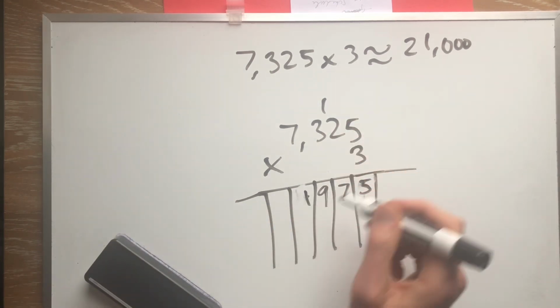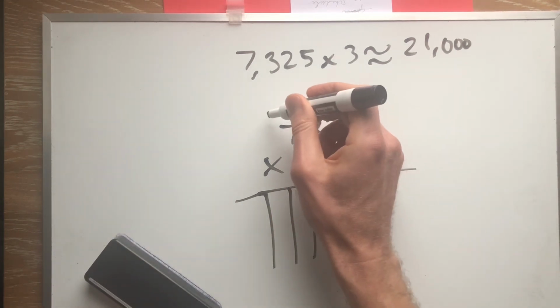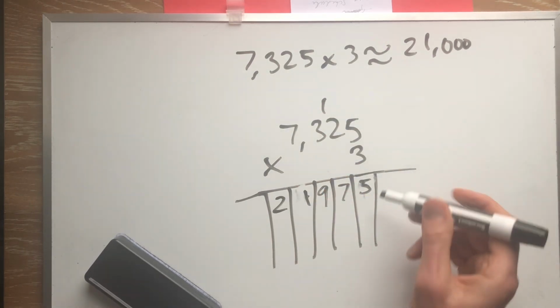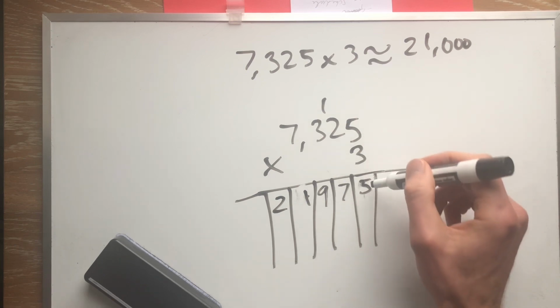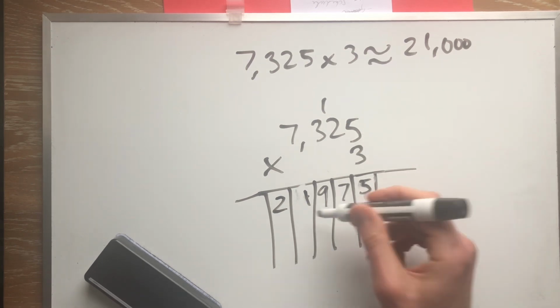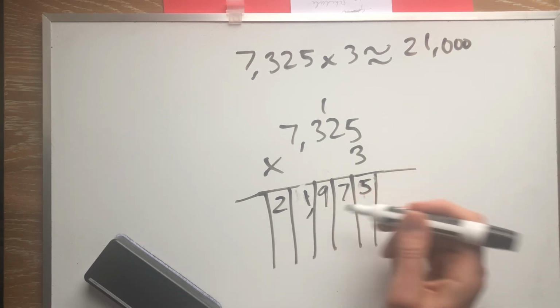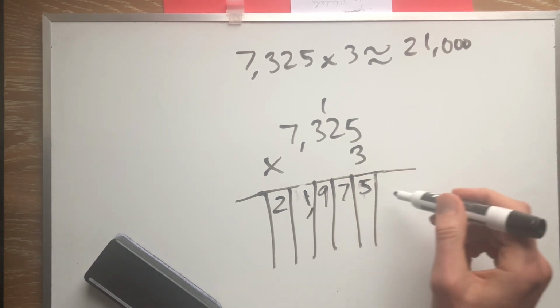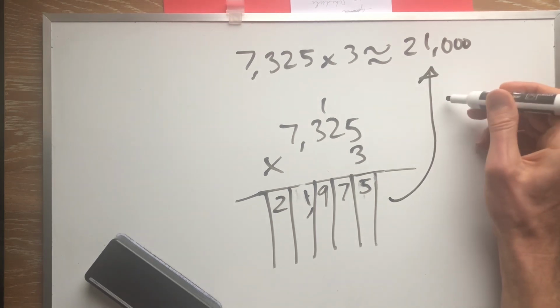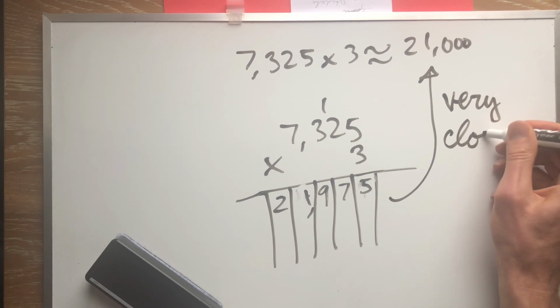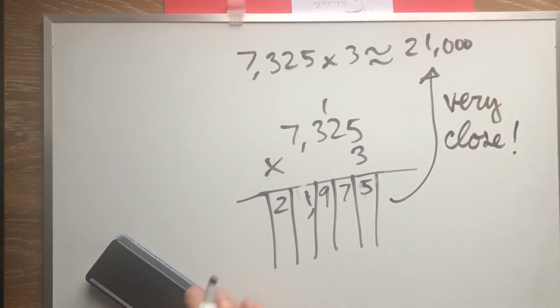We put a 1 there, and the 2 goes right down. So that's your answer. Put the comma in the right spot before the thousands: 1s, 10s, 100s, and then thousands. And the answer is 21,975, which is very close. So that's how you do the problems today: estimate and then find the answer.